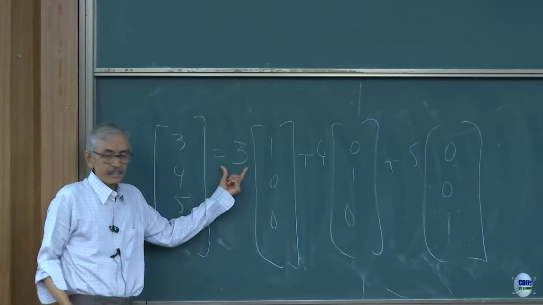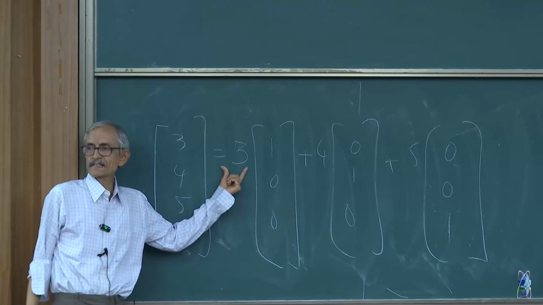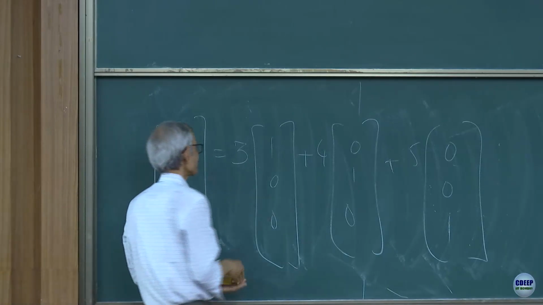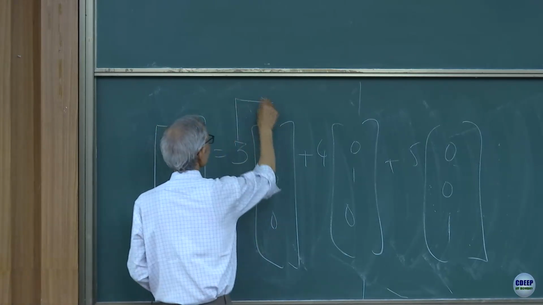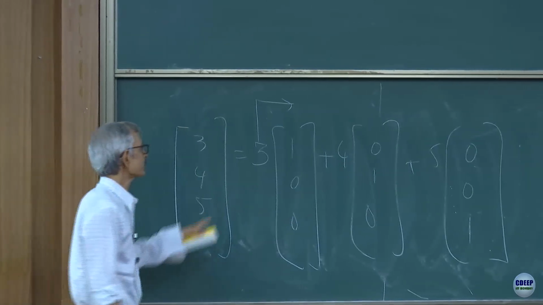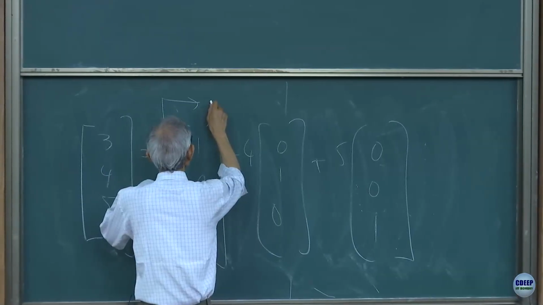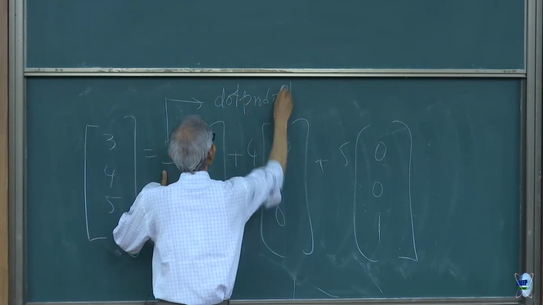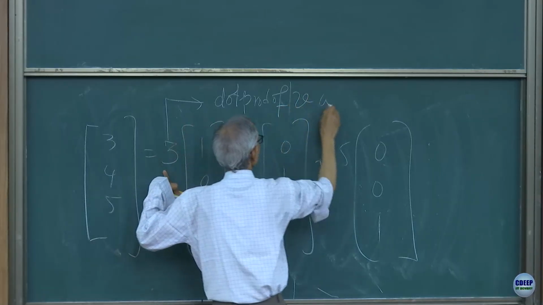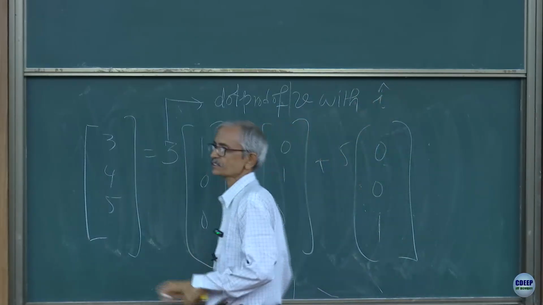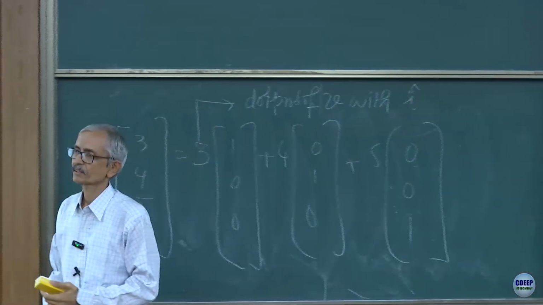So what is this 3 here? The component in the I direction. But the way I would like to now think about this is the dot product of the vector v with the I vector. Okay, right?